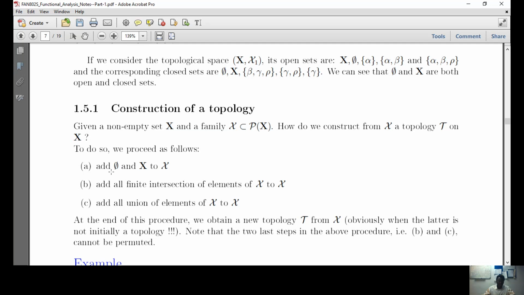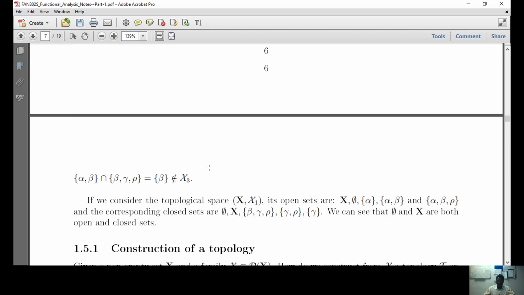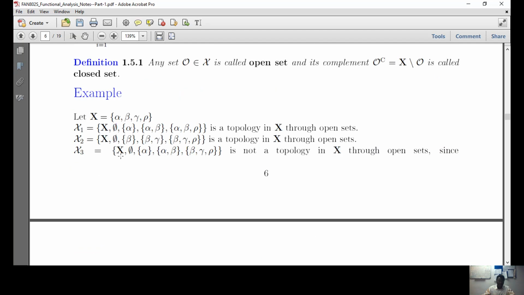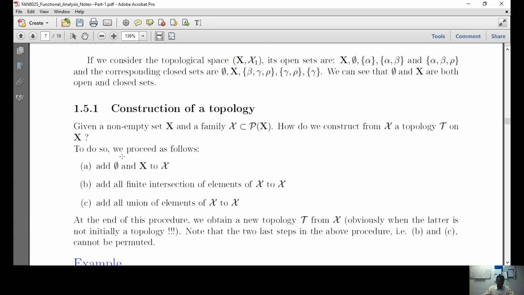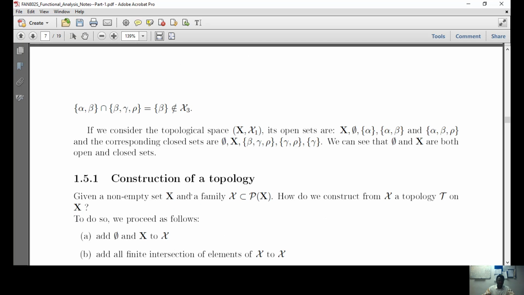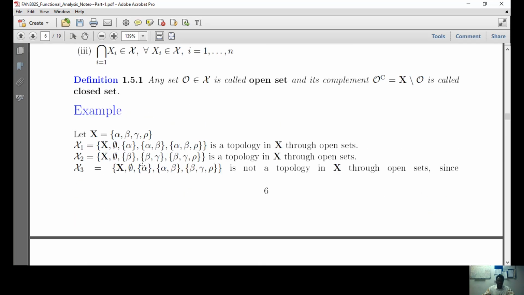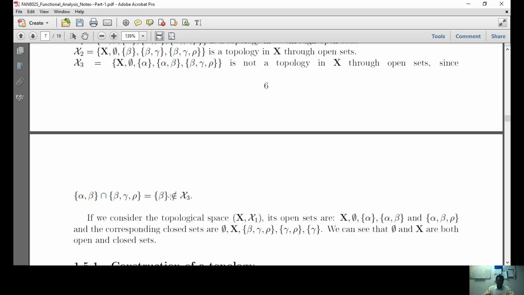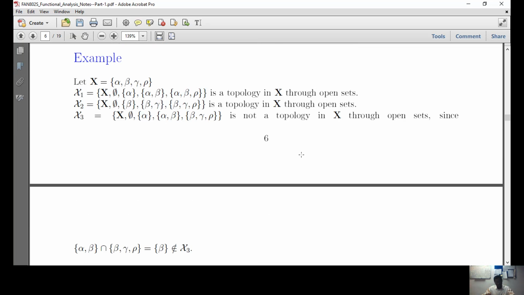The first thing is to check if the empty set and the underlying set are there. If they are not, we add them. In our X, the empty set and X are already there, so no need to add. But if they are not, you add. Then we make sure that all finite intersections of elements of the family are in the family. In this case, we realize that the intersection of these two, which is beta, was not there, so we add it.